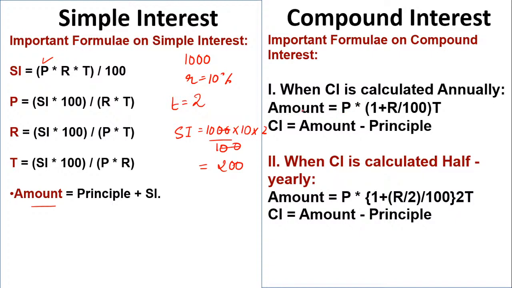Amount will be your principal into 1 plus r upon 100 to the power of t. Here t is in the power, students. And what will be the compound interest? Amount minus principal.